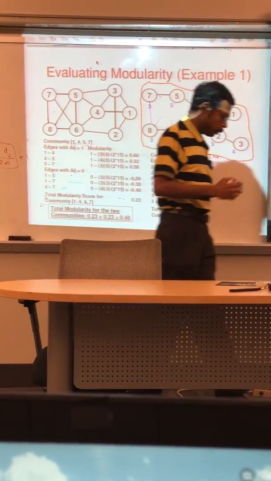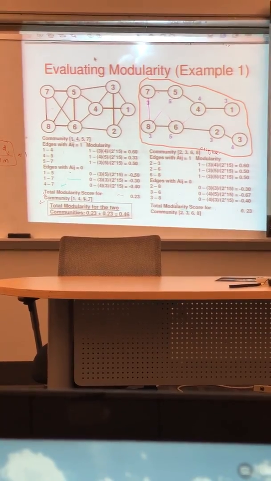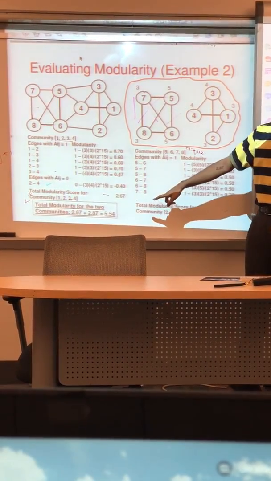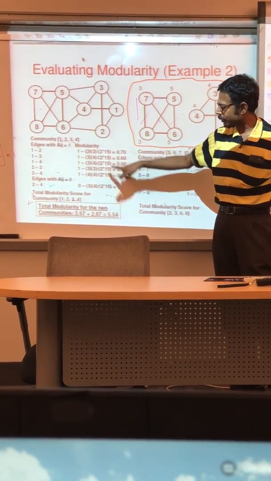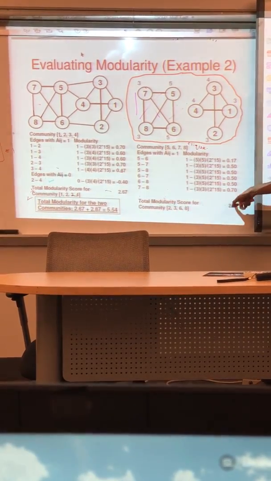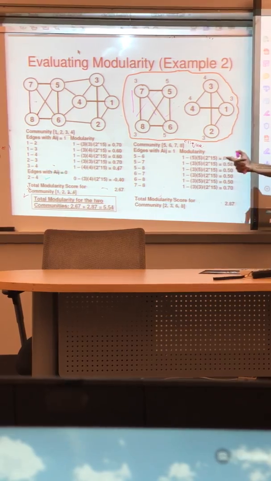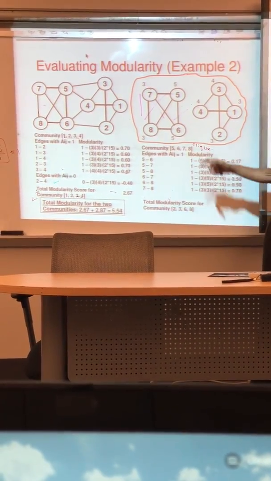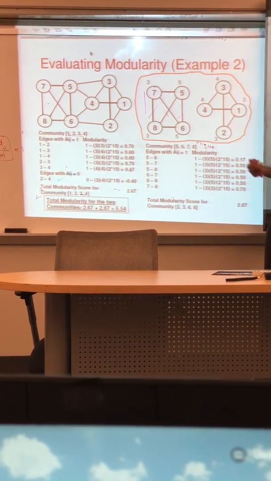So that is also showing up in the modularity score. You see here, the modularity score for this community is 2.67 and for this is 2.87. So the sum of the two modularity scores is 5.54. Okay, so this is a reflection of how good this partitioning is.